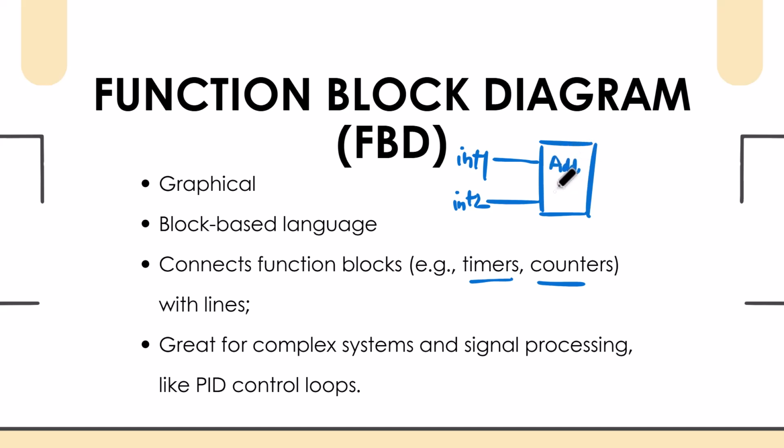It adds 2 integers and stores the result in a specific word QW0. Whatever is the integer value at these two inputs, that will be added by this specific function block. It adds these two values and stores the result in QW0, that is the specific word output.